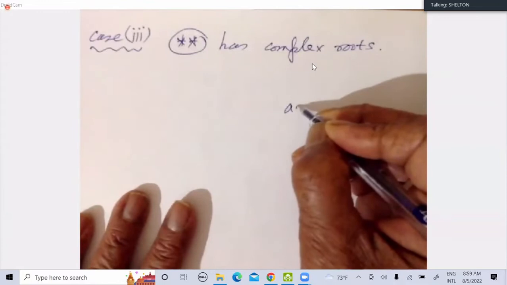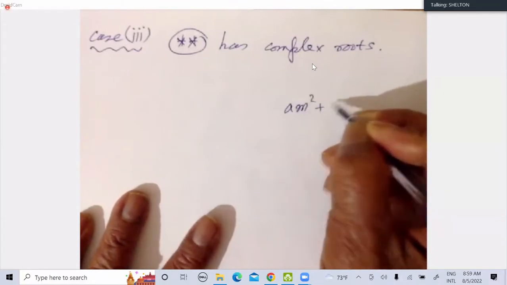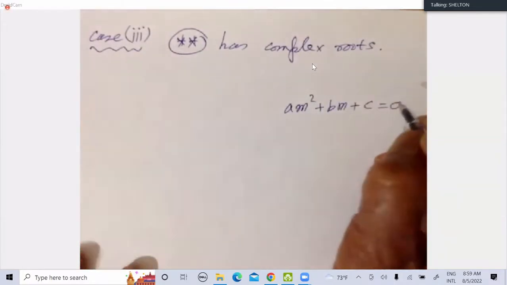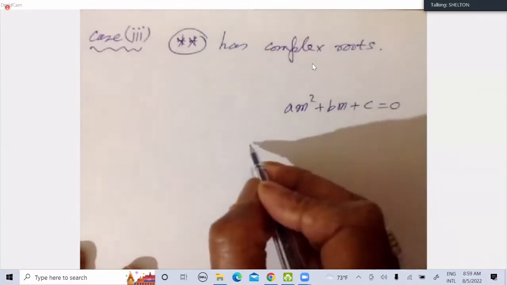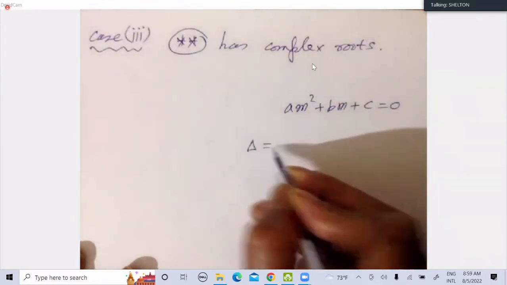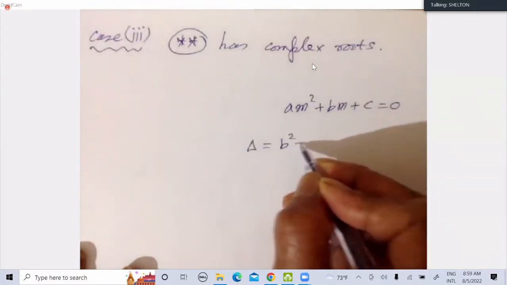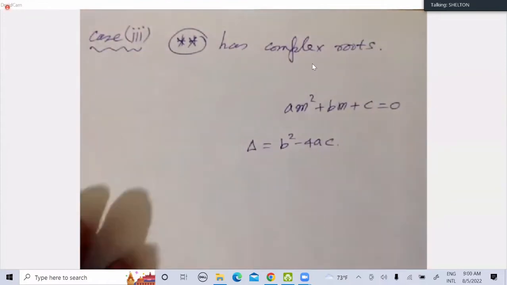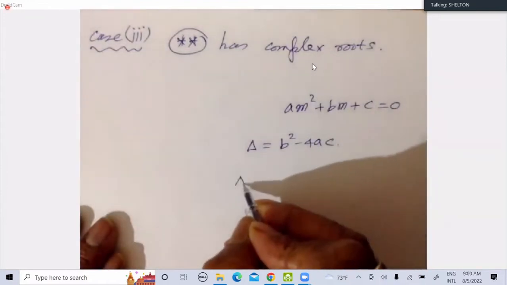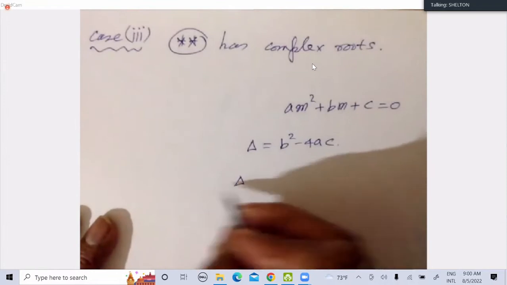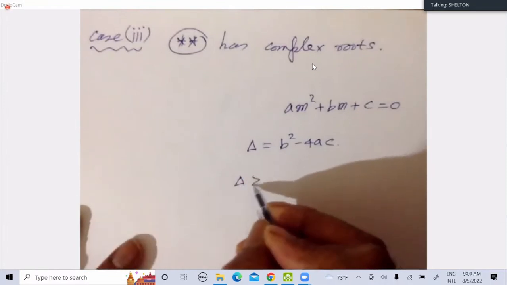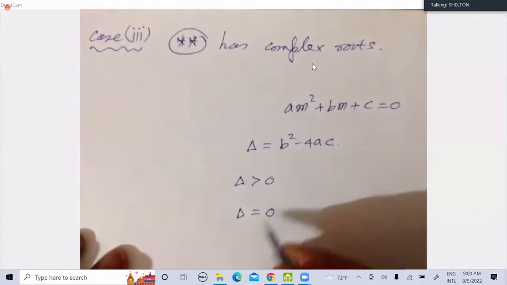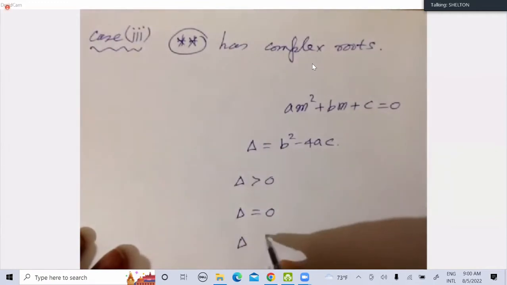Our auxiliary equation is am squared plus bm plus c equal to 0. What is the discriminant of this? Delta is b squared minus 4ac. Under quadratic equations, we learned this last year. Delta could be greater than 0, delta could be equal to 0, delta could be negative.